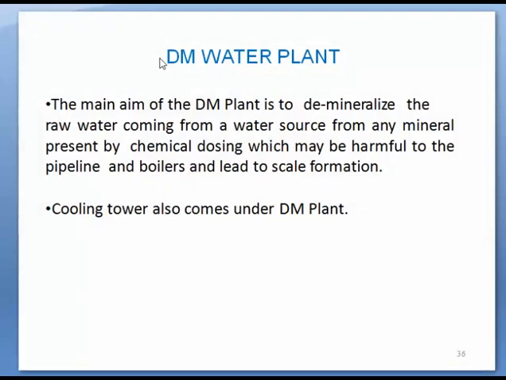The other important part of a thermal power plant is the DM water generation plant. The main aim of the DM plant is to demineralize the raw water coming from a water source, removing any minerals by chemical dosing, which may be harmful to the pipeline and boilers and lead to scale formation. The cooling tower also comes under DM.